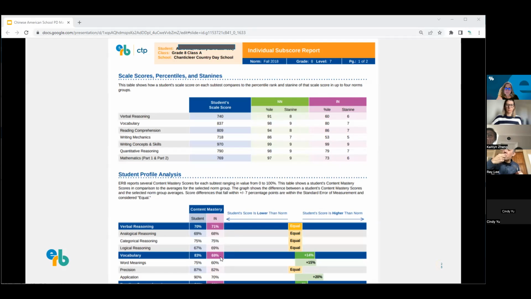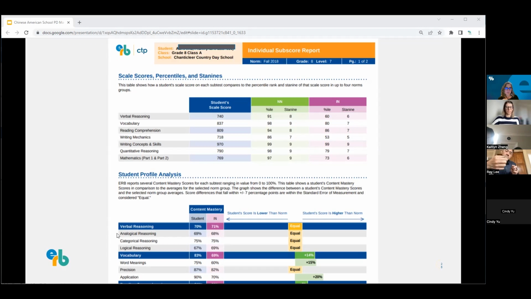Down at the bottom here is where we're looking at that content mastery. And this is really where to dig in terms of where's your students' understanding in terms of that content that they're being assessed on. So on the left, you'll see the subtest, and then underneath that, you'll see the main domains or the main areas that are assessed under that particular category.